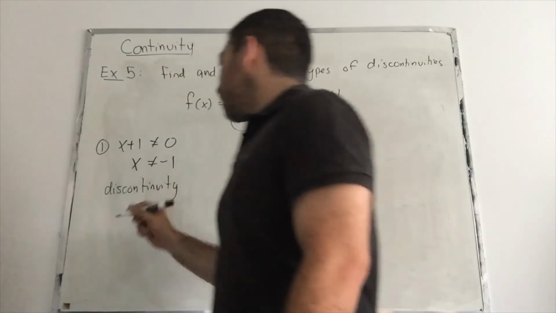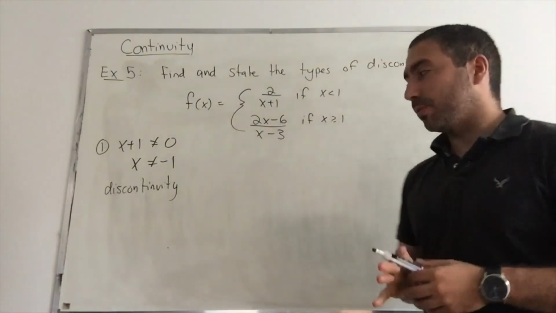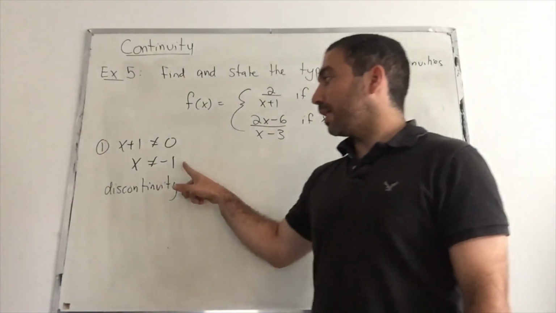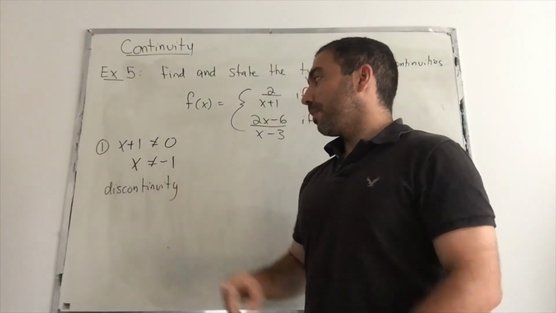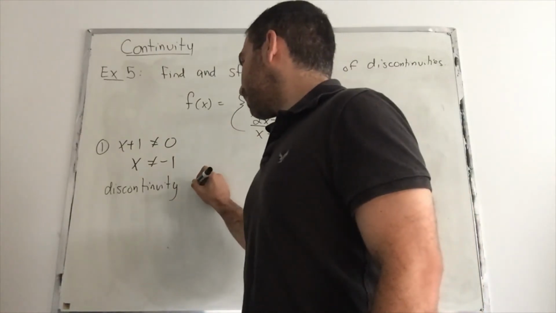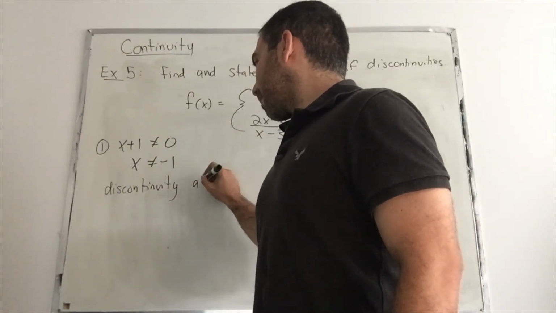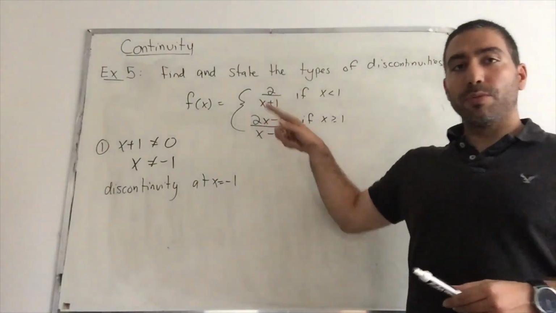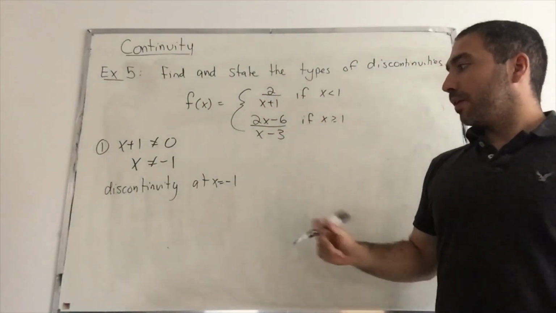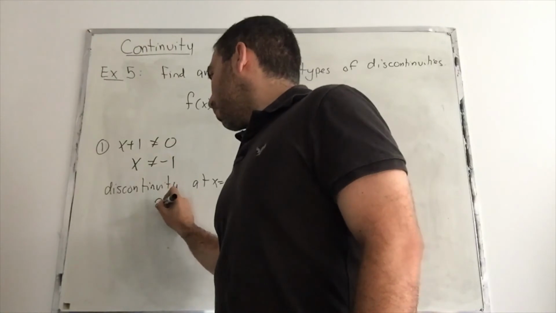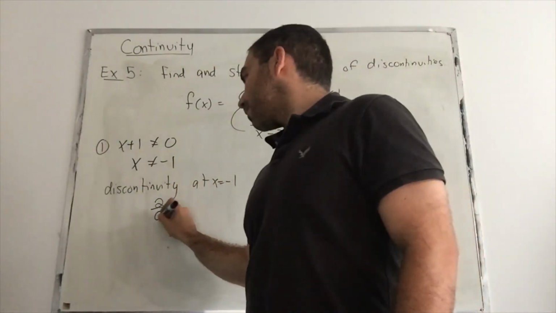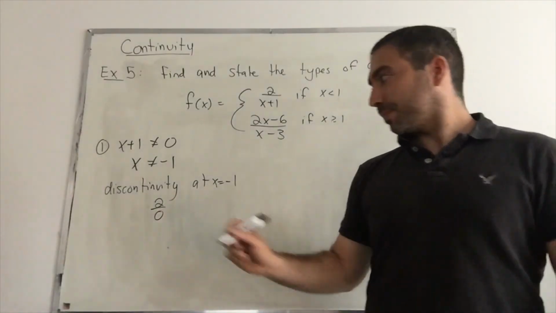So we've seen this already, but what we haven't seen is now how to label it. How do we name it? What type of discontinuity do we have? Well, essentially what you're going to do is take the value at negative 1 and plug it back into the function. When you plug it back in, what do you get? Plugging it back in, we get 2 over negative 1 plus 1 is 0. We get a number over 0.